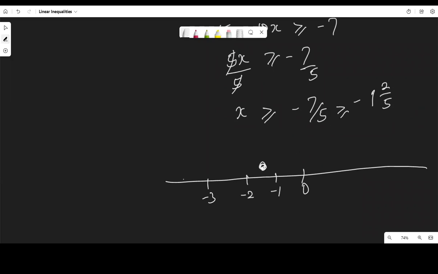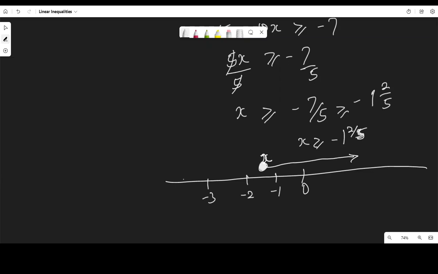So we are going to paint it because this number that we want to show is inclusive. So if x is greater or equal to negative 1 whole number 2 over 5, all numbers from this place would satisfy the inequality.